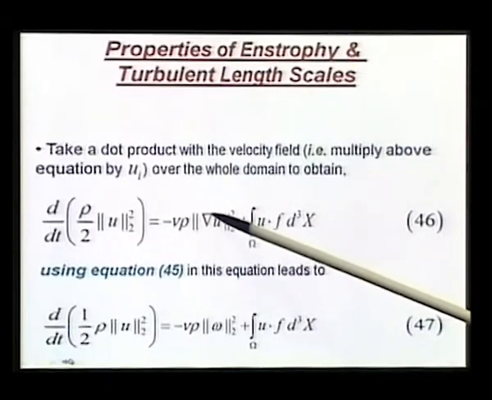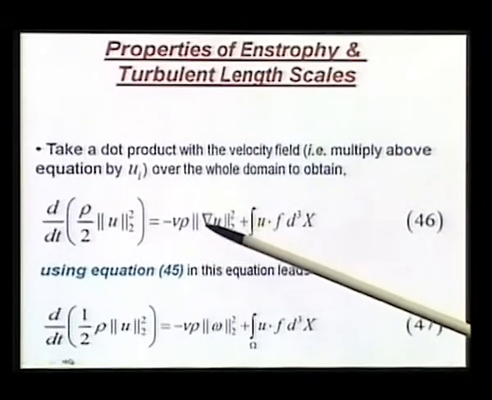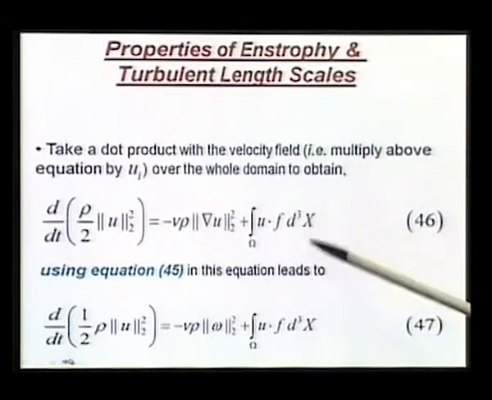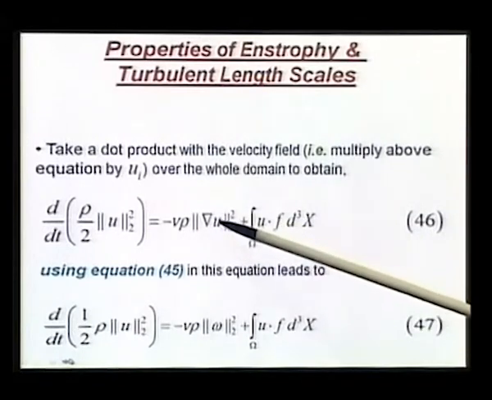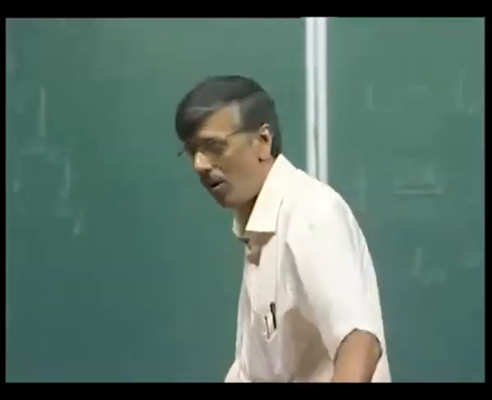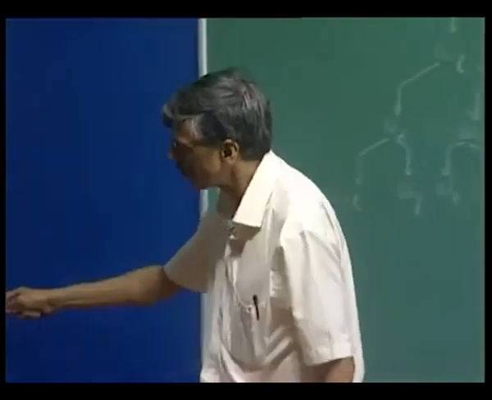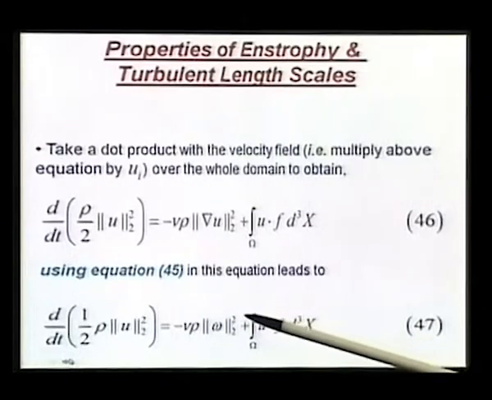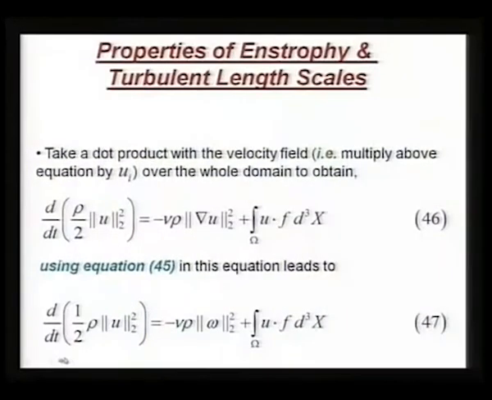This comes from the viscous dissipation term, and this comes from the body force term, right. And since we have established that this quantity itself is equal to entropy, you can very clearly see what the role of entropy is. Entropy actually tells you how the energy is drained out because of this viscous diffusion term, right. So, entropy is a very, very powerful tool.